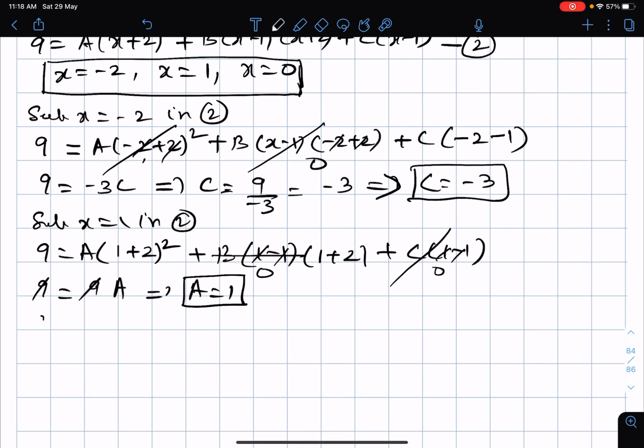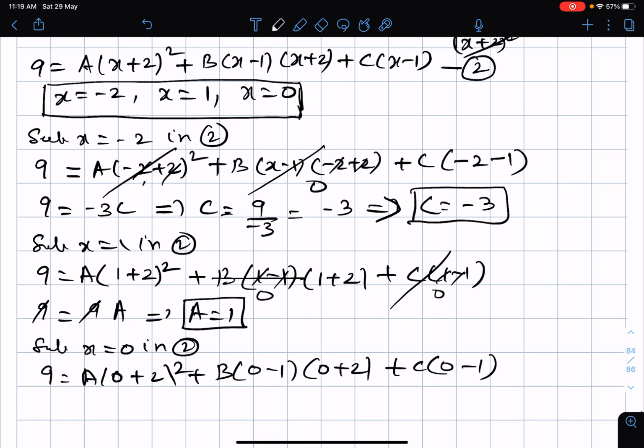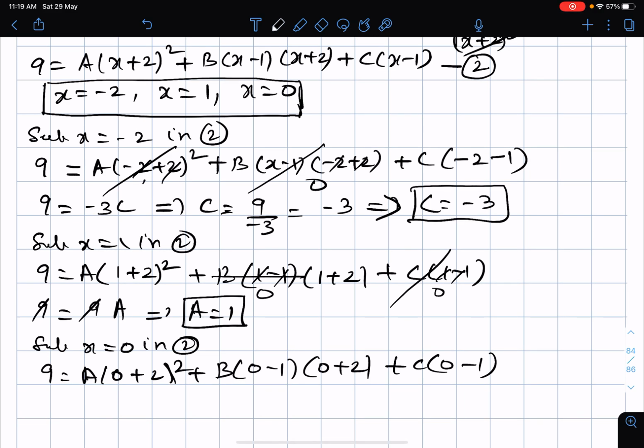Now for the third one, substitute x equal to 0 in 2. So 9 equals a into (0 plus 2) the whole square plus b into (0 minus 1) into (0 plus 2) plus c into (0 minus 1). Now what will you get? 9 equals 4a minus 2b minus c.